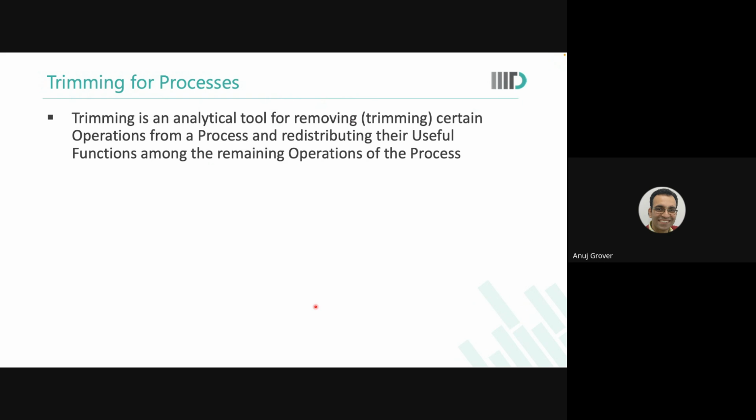Trimming for processes is an analytical tool for removing certain operations. See, earlier we said components, now we are talking about operations. Trimming certain operations from a process and redistributing their useful functions amongst the remaining operations of the process. Are you able to see this?